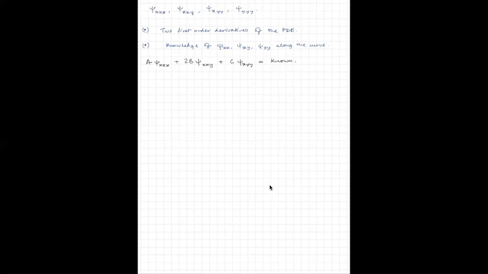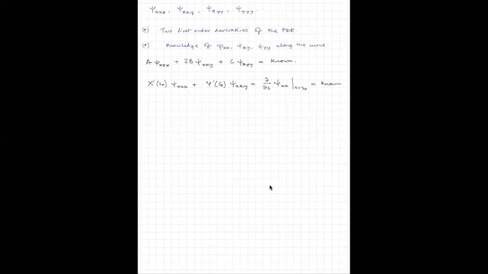And so then what we have is x prime s naught psi xxx plus y prime s naught psi xxy. This is equal to del del s of psi xx at s equal to s naught, of course. This is of course known.